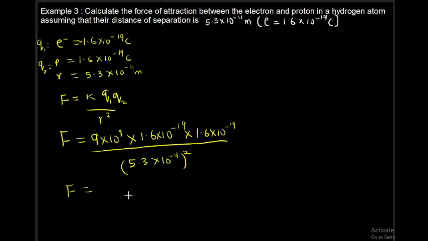Okay, so that will give us F to be 8.20 times 10 raised to the power of minus 8 Newton. So that's the force that will exist between the electron and proton in a hydrogen atom.